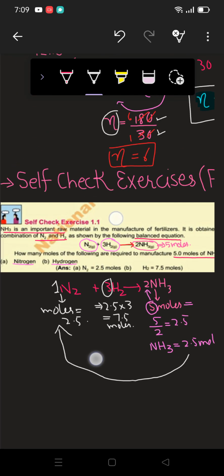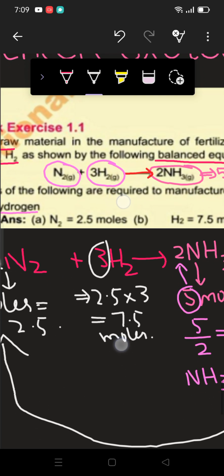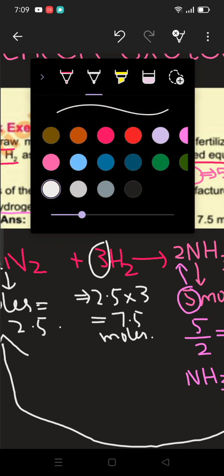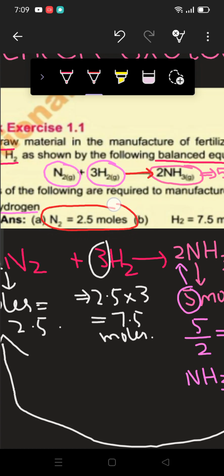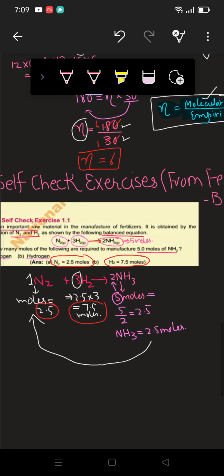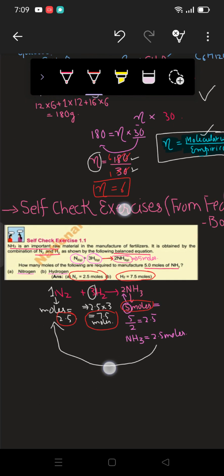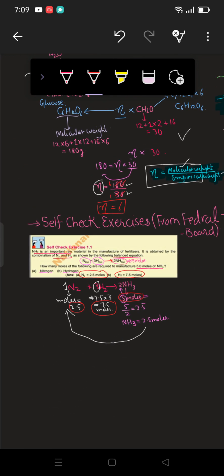So here we have got the moles of N2, which is 2.5, and the moles of H2 is 7.5. You can see the answer here as well. The moles of N2 is 2.5, the moles of hydrogen is 7.5, and the moles of NH3 was already given, that was 5 moles. So here we have completed our 1.1 self-check exercise.